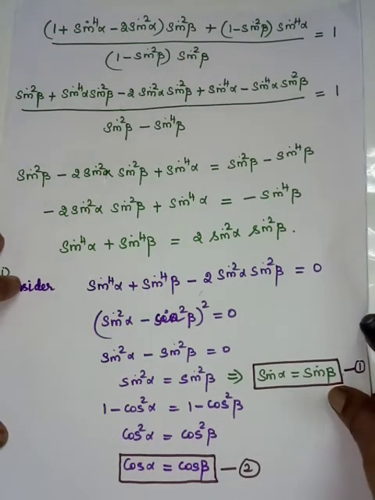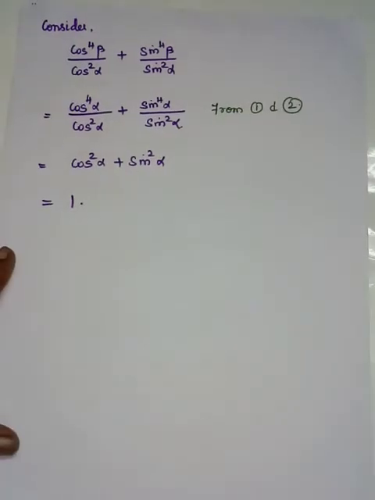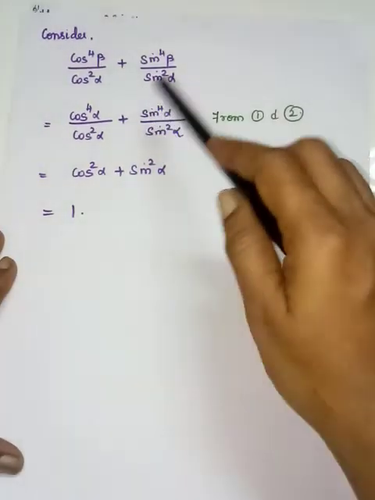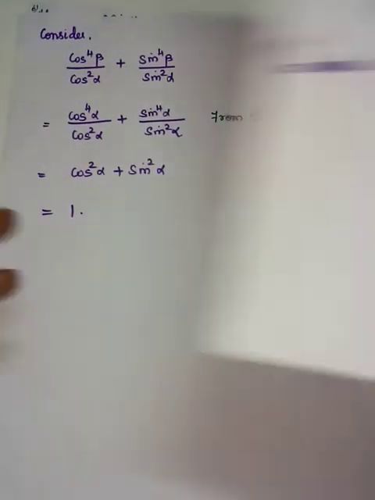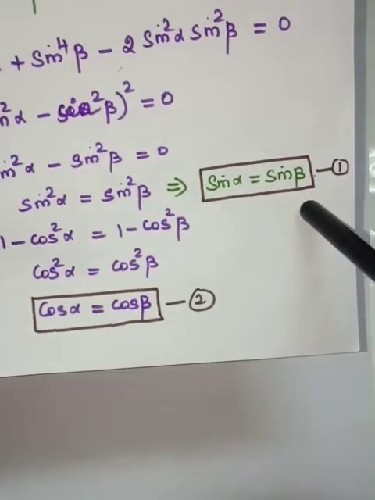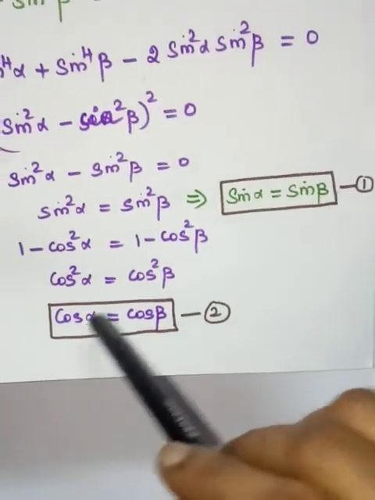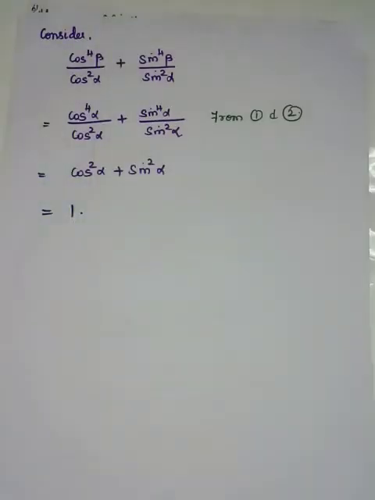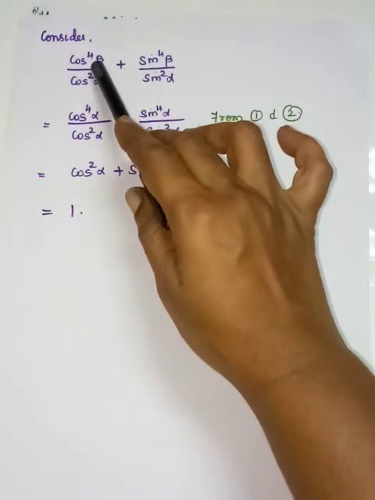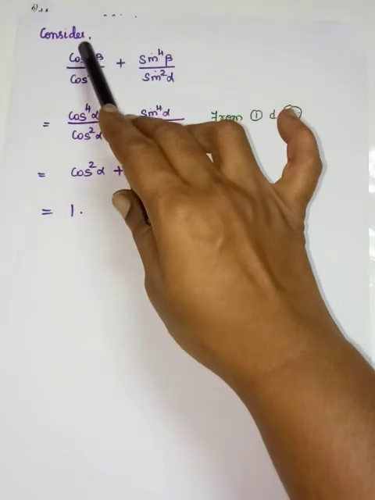Now consider the result which you have to prove. So write it. See, from 1 and 2. What is 1? Sin alpha is equal to sin beta. Second is what? Cos alpha is equal to cos beta. So here, this term cos beta the whole power 4.